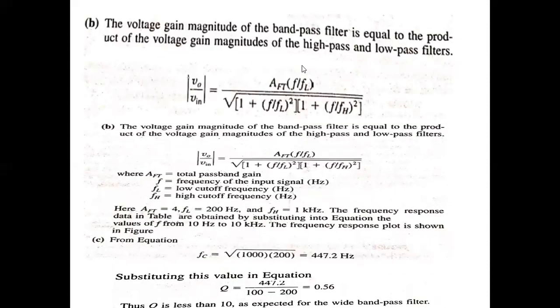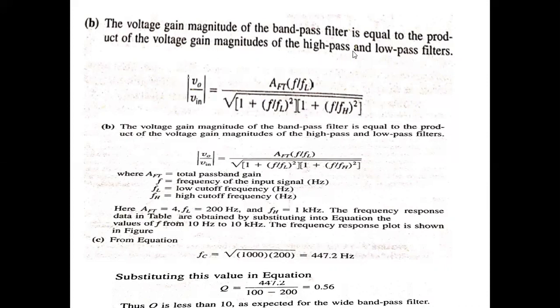For this, the voltage gain magnitude of the band pass filter is equal to the product of the voltage gain magnitudes of the high pass and low pass filters. Therefore the equation of the voltage gain magnitude is given by AFT times F divided by FL, divided by the square root of 1 plus (F by FL) square, into 1 plus (F by FH) square.